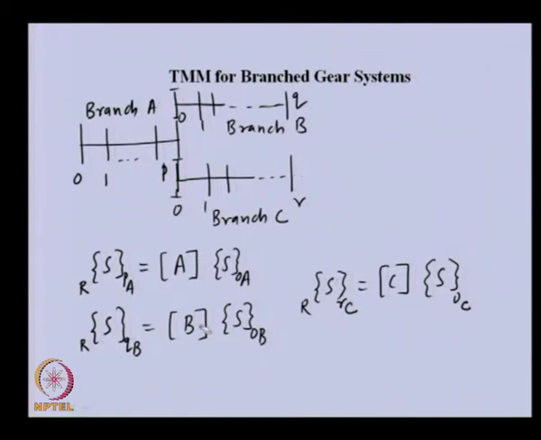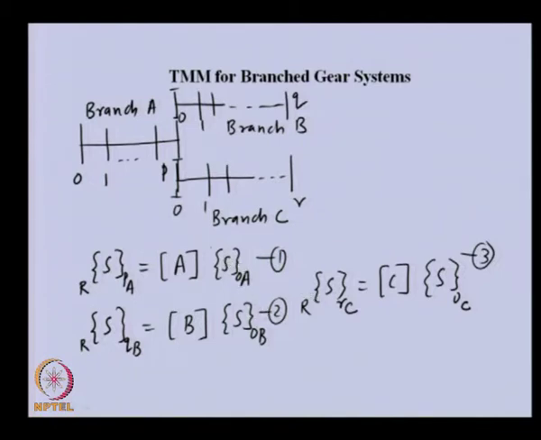So, these equations basically represent the governing equations for the 3 branches, but they have not been connected as they are connected by the gear. So, now we will be taking one at a time these equations and we will try to relate them.